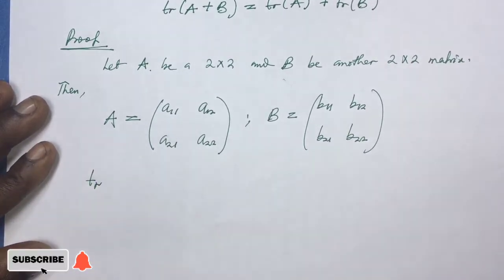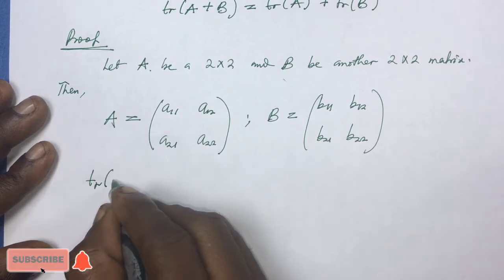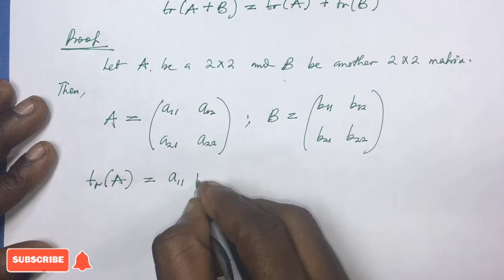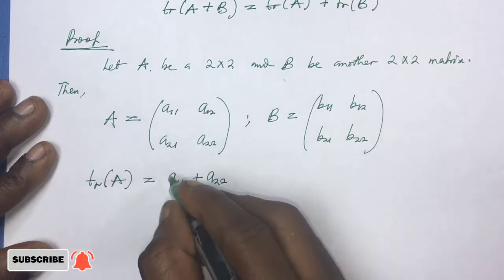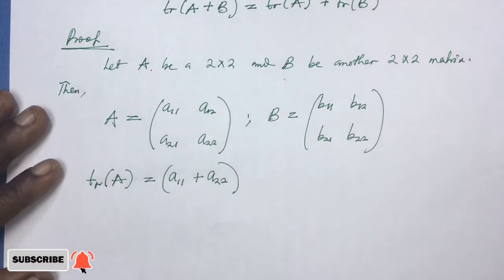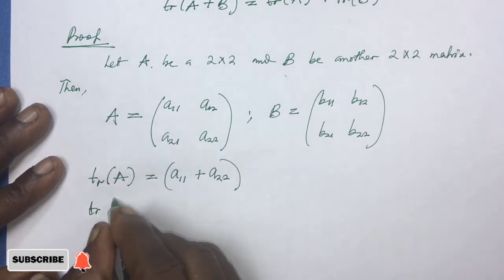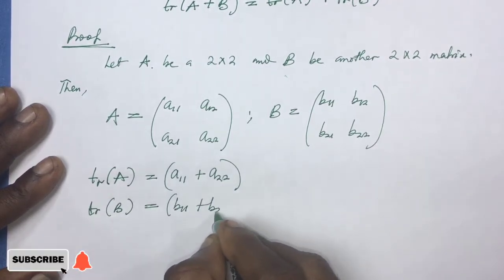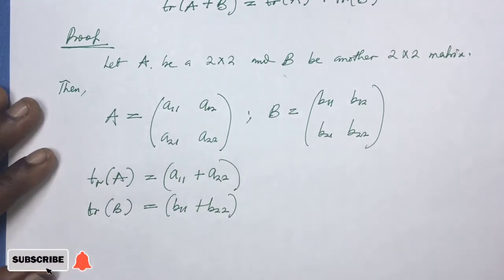The trace of A would be you adding A11 to A22. And the trace of B will be you adding B11 to B22. So that will give you the trace of B.